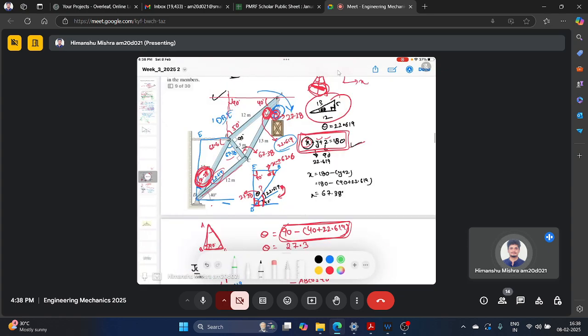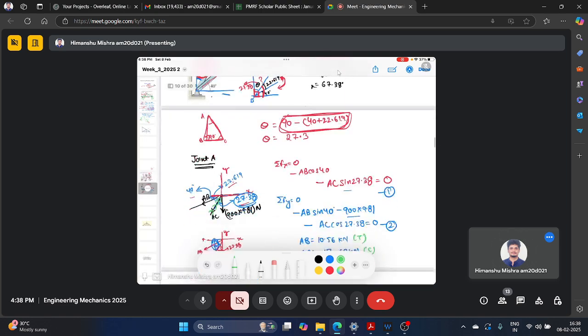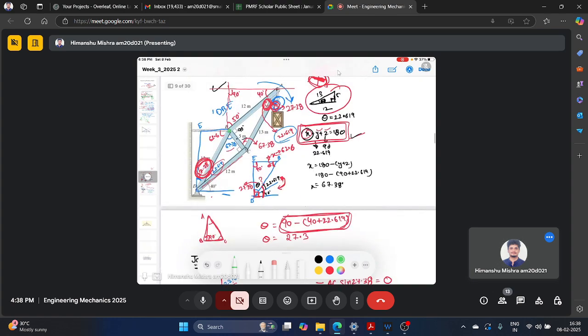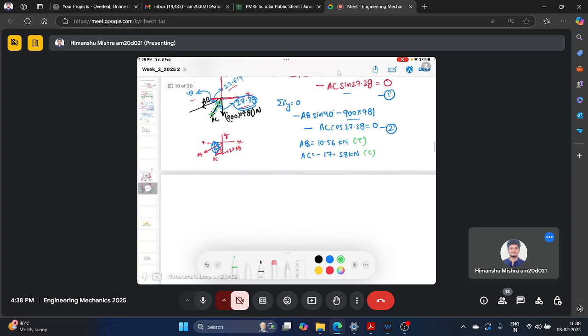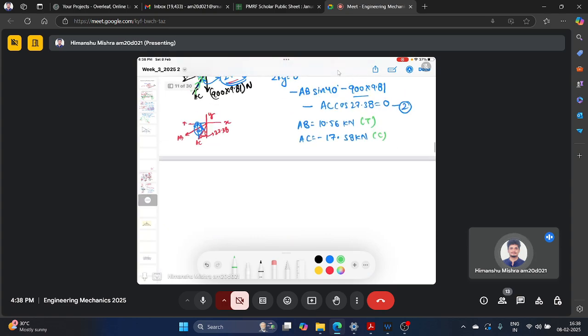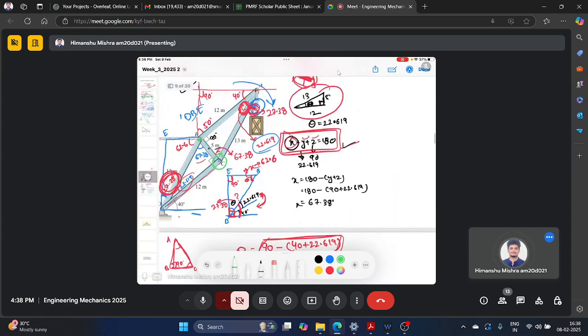When we consider another joint, we can represent AB as a force towards the other joint. So now we consider joint C. We already calculated force in AB and AC.